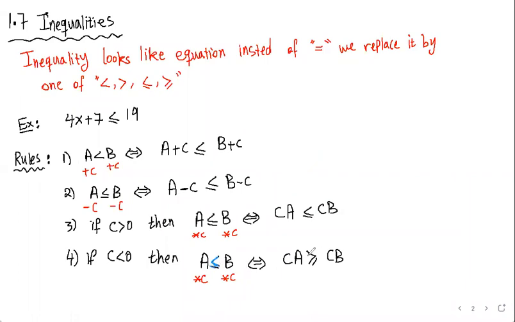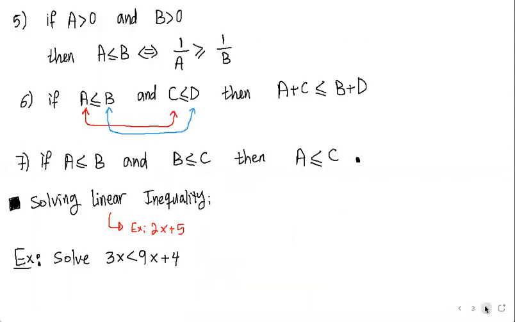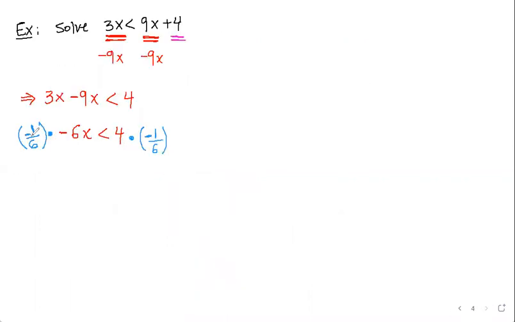Yes, we change the sign from less than to greater than. So when we multiply or divide both sides by a negative number, we have to change the sign from less than to greater than.